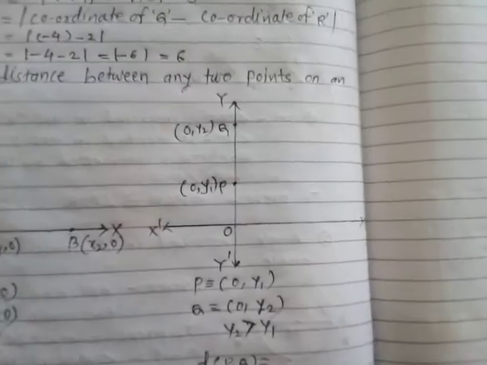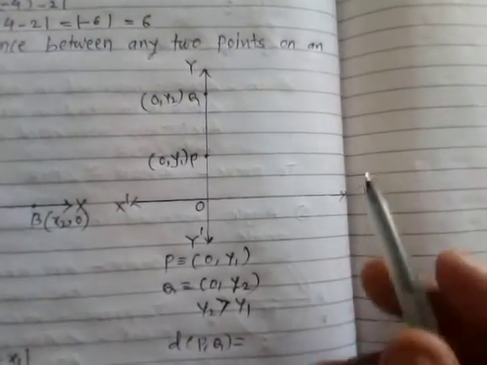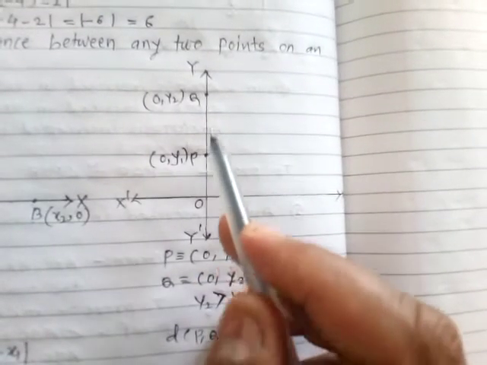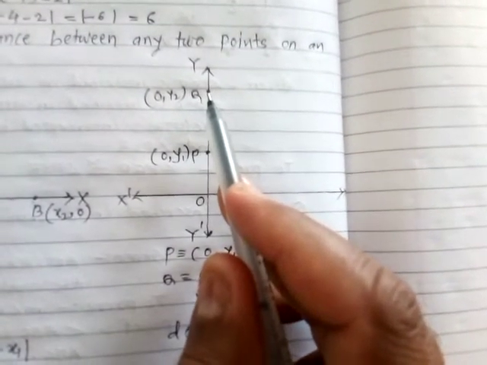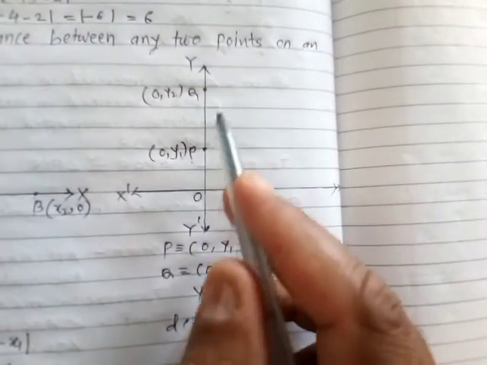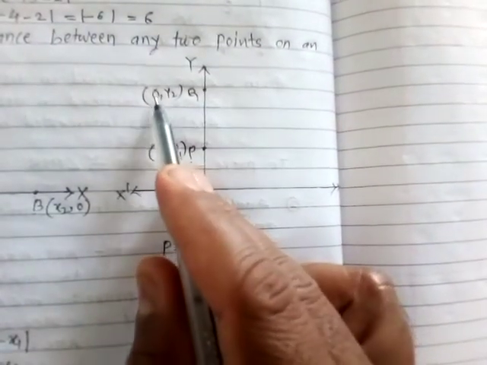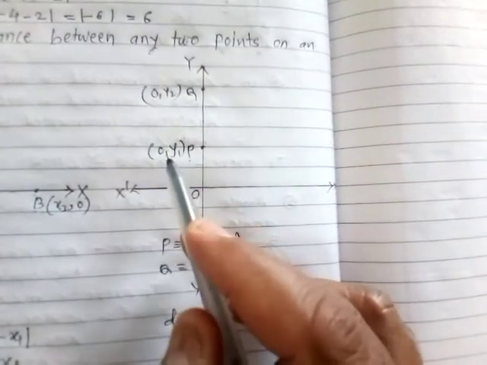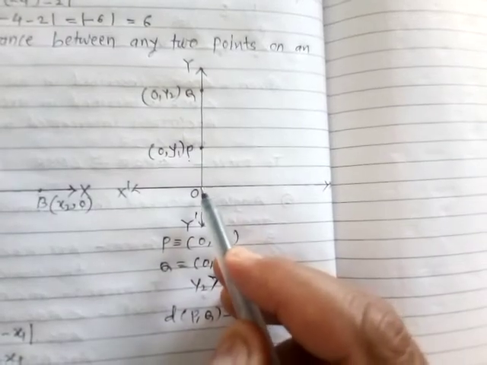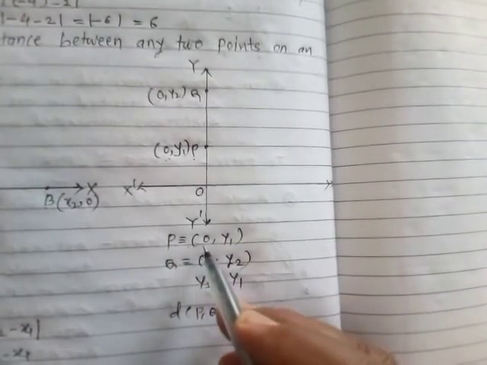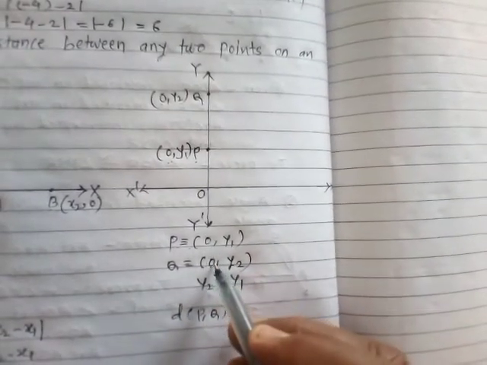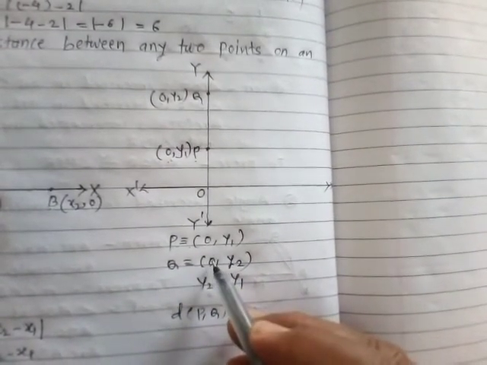Similarly, considering the x and y axes, if two points P and Q are on the y axis, the coordinates of P are (0, y1) and the coordinates of Q are (0, y2). The x coordinate is 0 for both, so the x coordinates are equal.